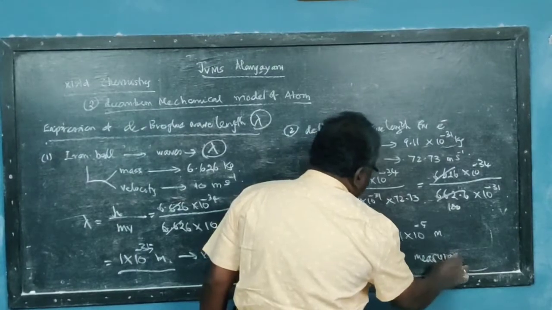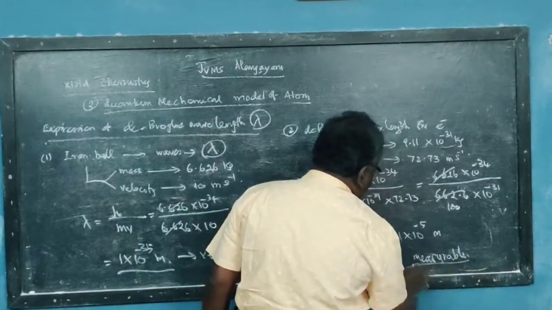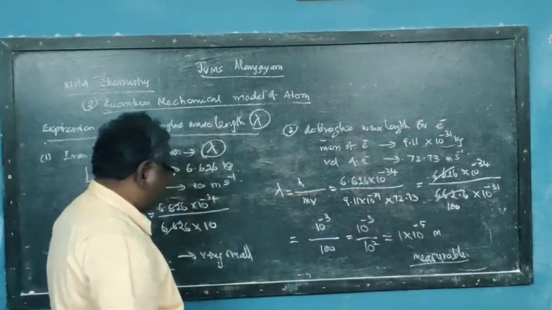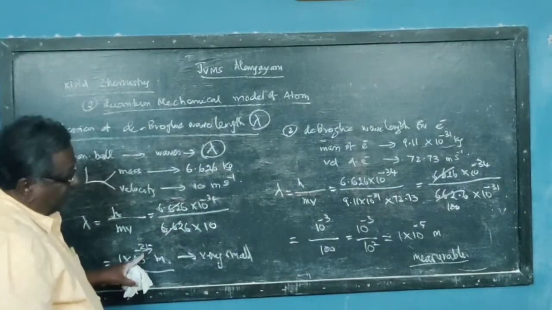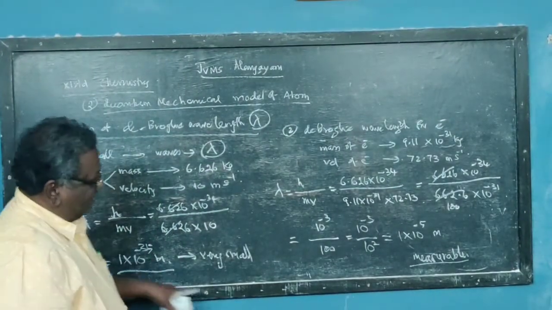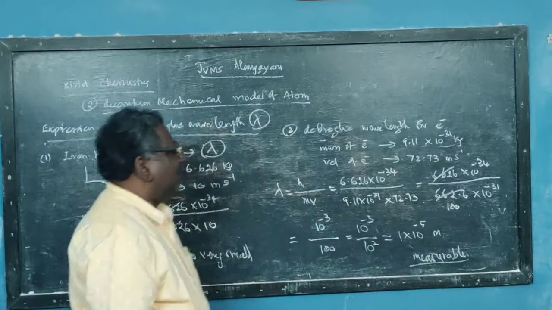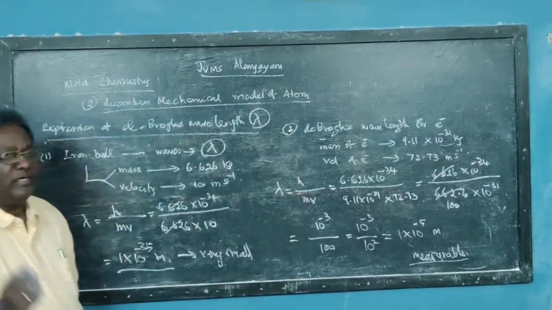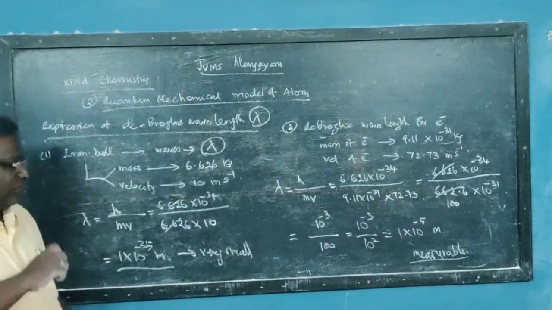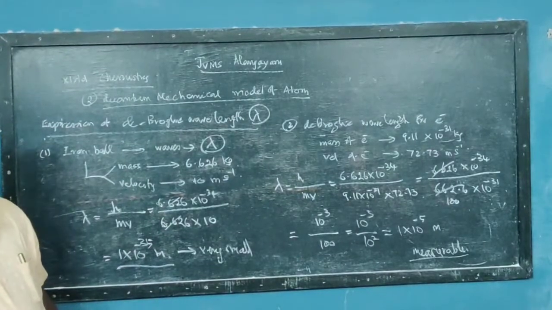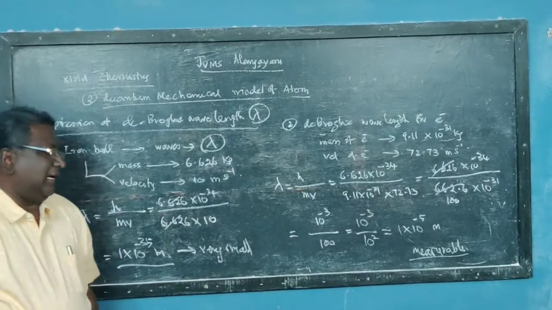This wavelength can be measured, because it is bigger in size. Here minus 35 is very small, this is comparatively bigger. So de Broglie wavelength is good only for microscopic particles. It is not for bigger particles. That also we have to understand.